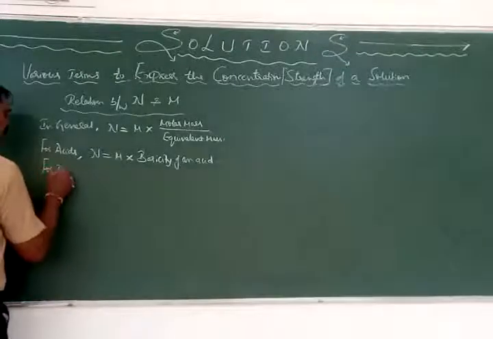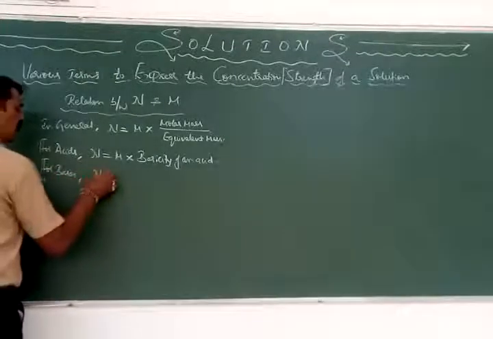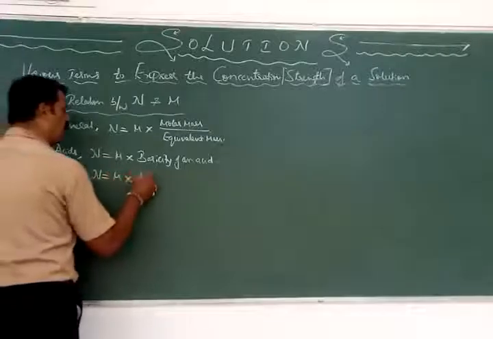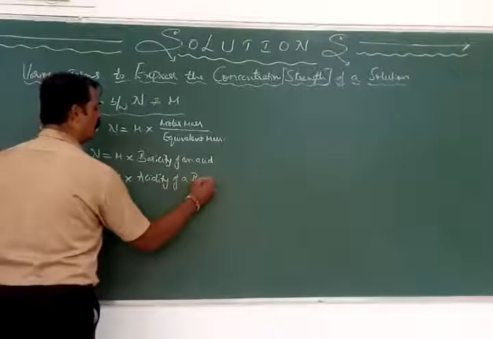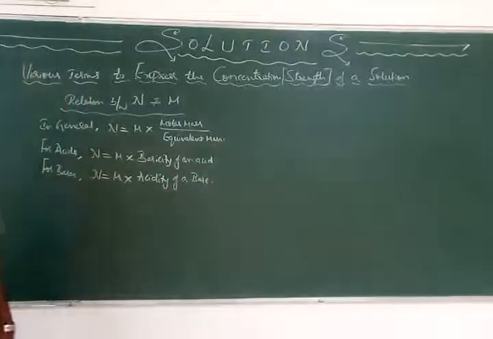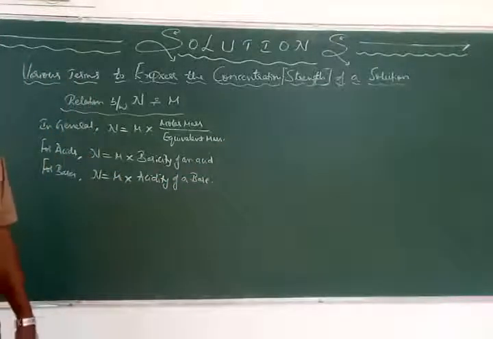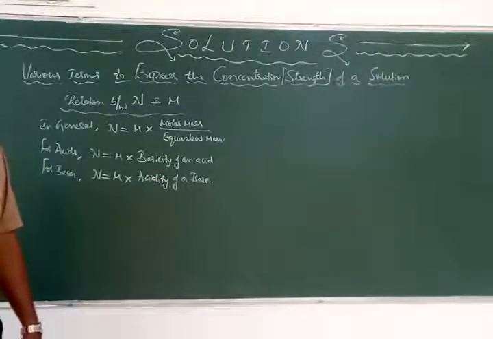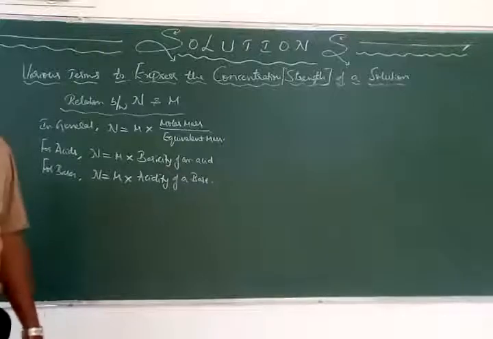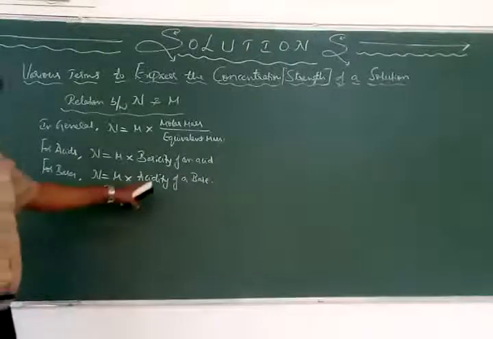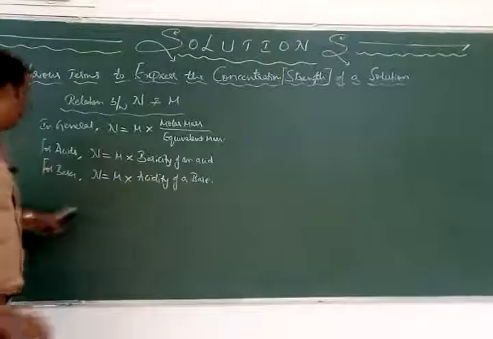For bases, normality is equal to molarity into the acidity of a base. What is acidity? The number of replaceable OH minus ions present in one molecule of a base. Or alternately, the number of H plus ions accepted by one molecule of a base is also called acidity.